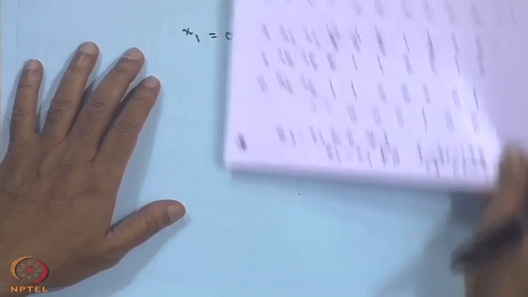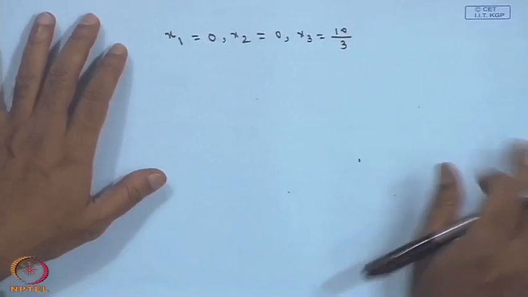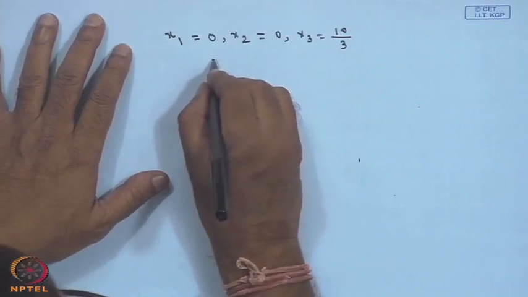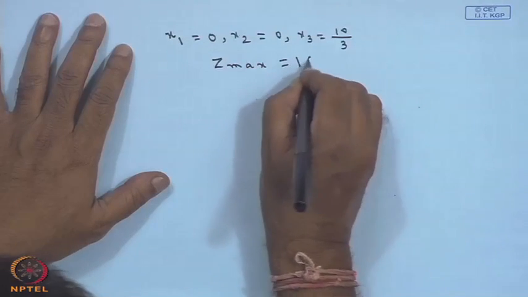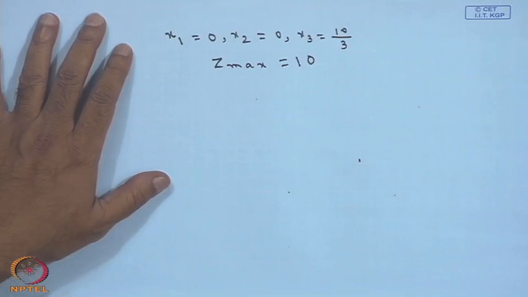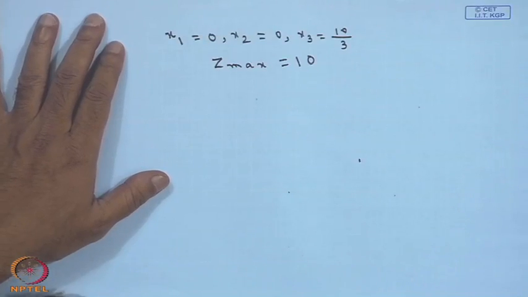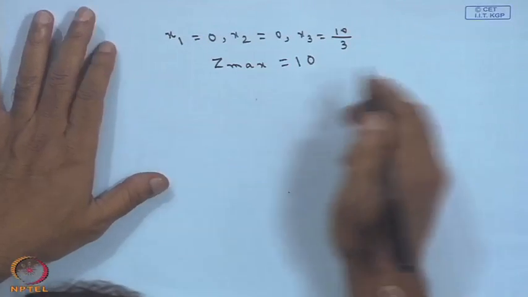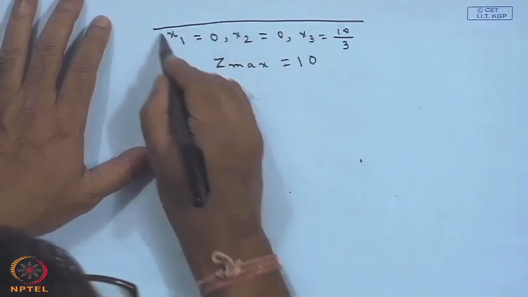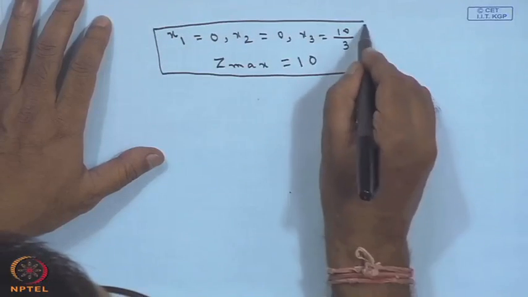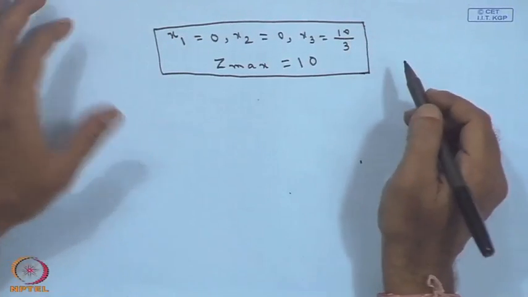Therefore, x1, x2 equal 0 and x3 equals 10 by 3. And if you calculate the value of z max, it will become 10. So this is one optimum solution.